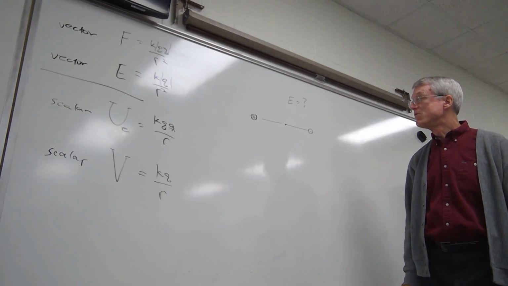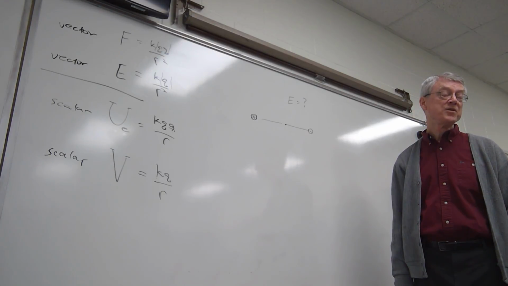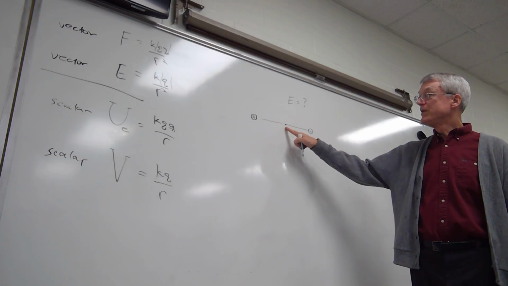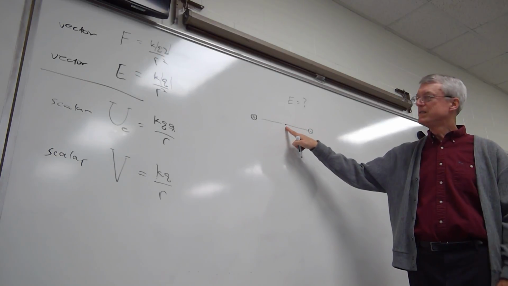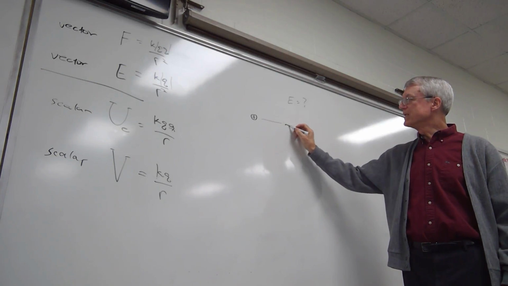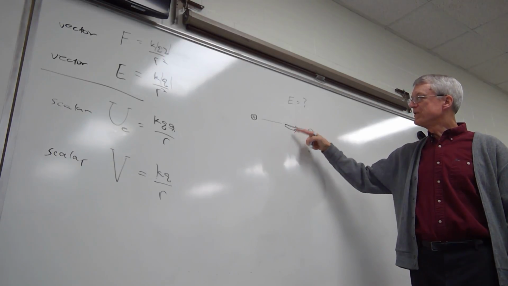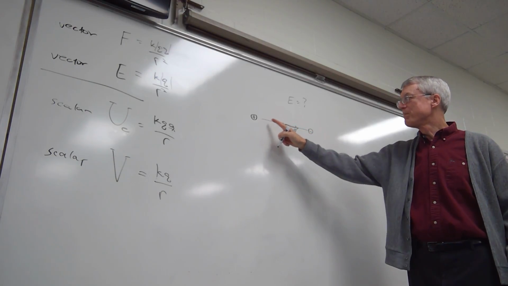Is it 0? No, that's just a yes or no. Is it 0 at point P? No. Because how do you get the direction of E? You place a proton there in your mind, and that one would be repelling it. This one would be attracting it. So they're both in the same direction. It would never be 0 at any point between them.